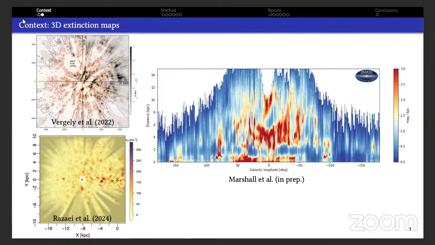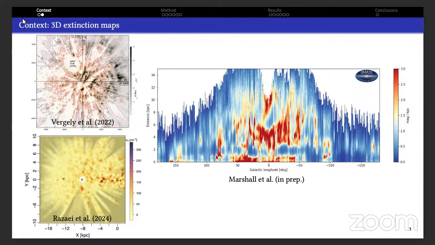So it limits our view of the Milky Way. And there is a more recent work by Rezaei et al. that extends very far, even a bit further than the galactic center. But the resolution of the map does not seem to allow us to detect real structures.